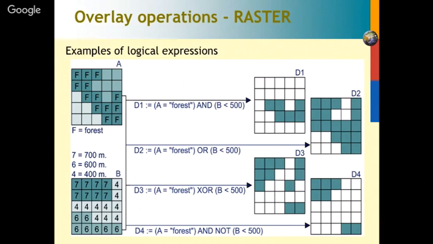So you have a forest area of type A, and the other one is the height-based criteria. Considering these two, if the condition is fulfilled either in terms of AND or XOR operations, the corresponding outputs can be generated.